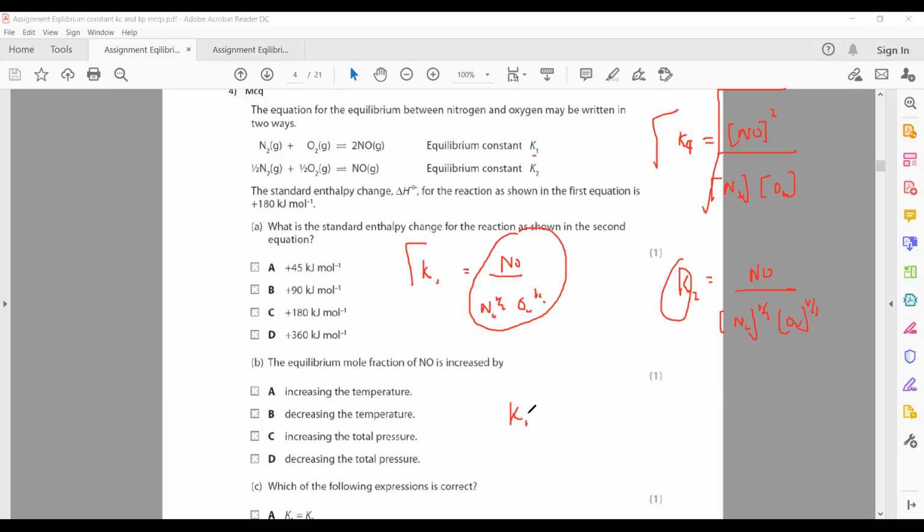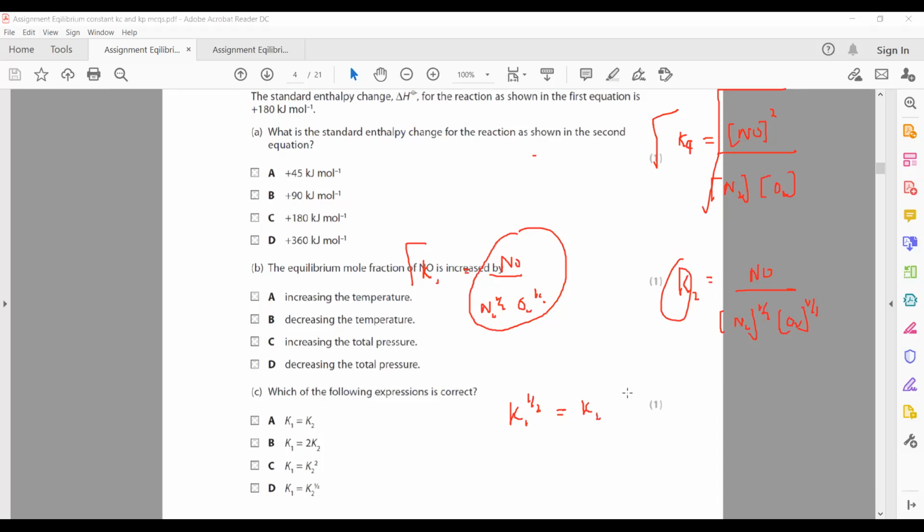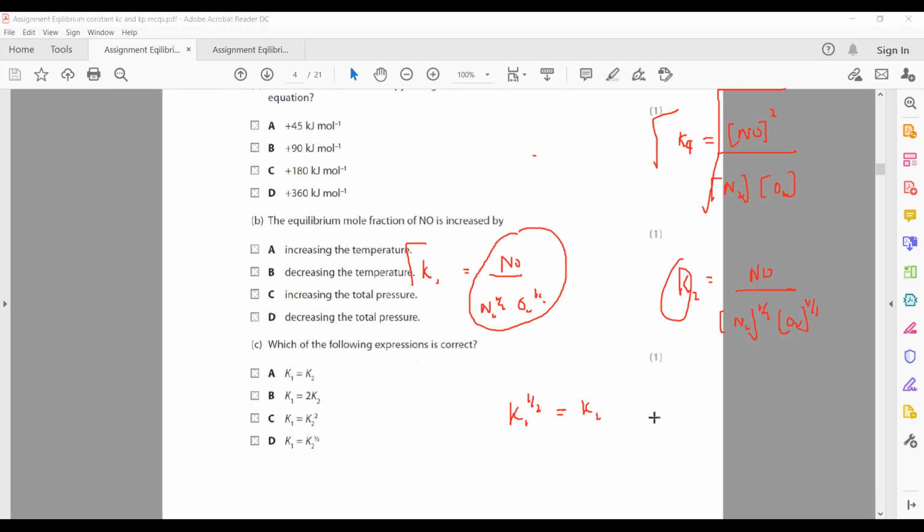So we can say K1 raised to power half is equal to K2. Or the other way around, if I square this, I can say K1 is equal to K2 square. It's not K2 half, it's K1 half is equal to K2. So C is the right answer.